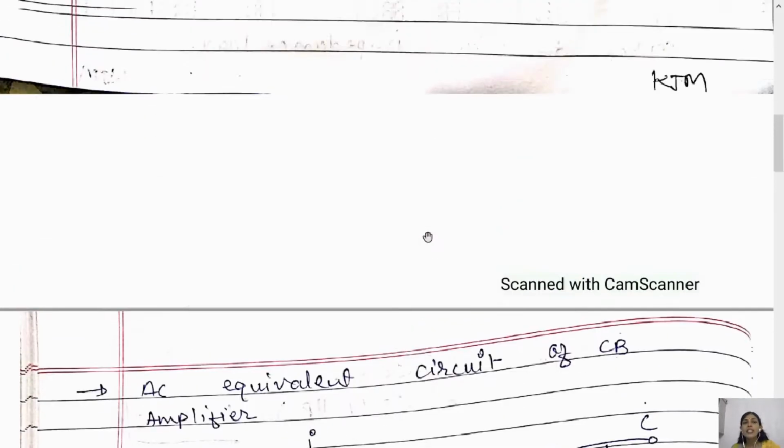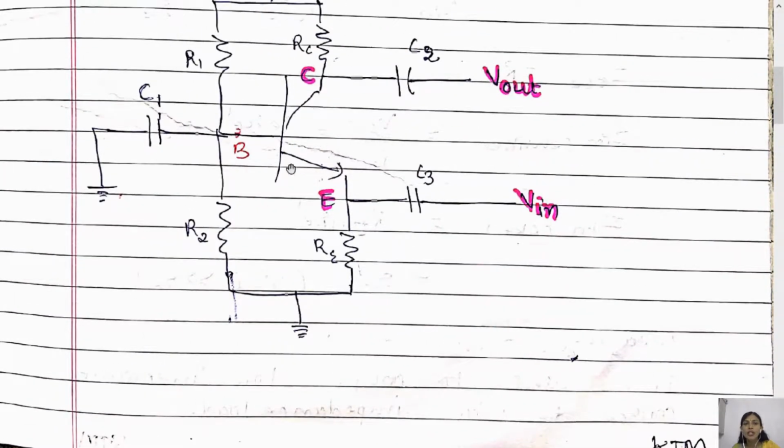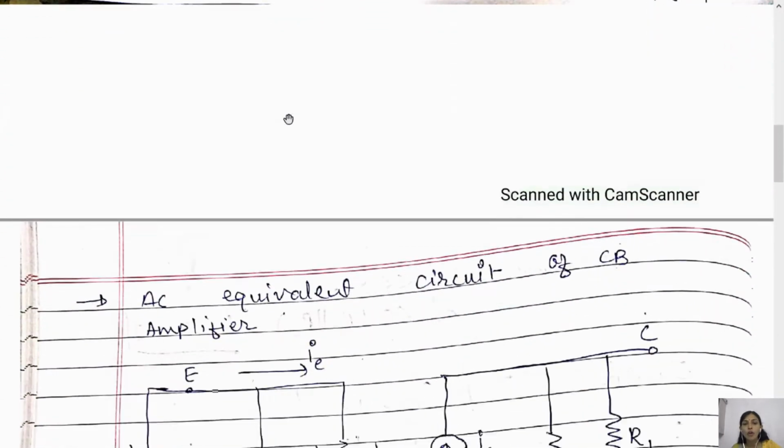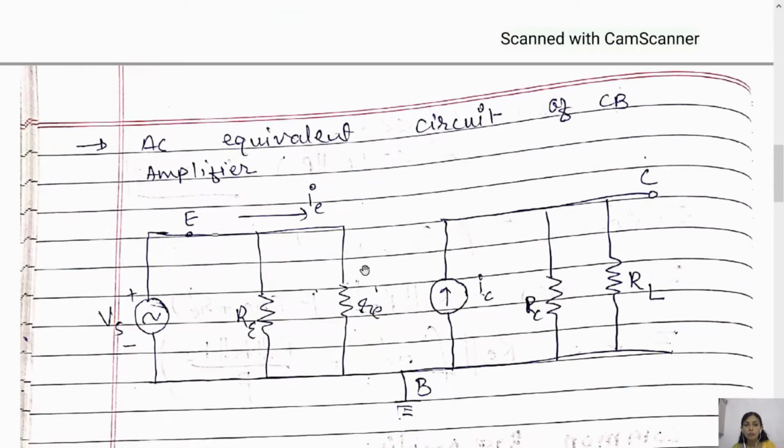The BJT symbol using three terminals, base, emitter, collector, will be shown by the equivalent circuit of the pi model through one diode internal resistance and one collector current source. Input is nothing but the diode internal resistance and output is the collector current, a constant current source. This is the symbol of a constant current source.